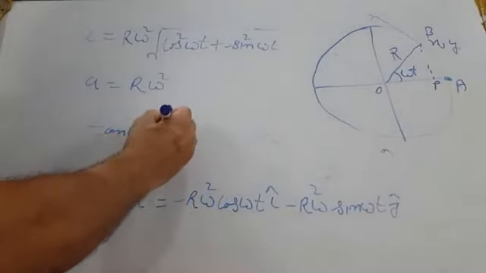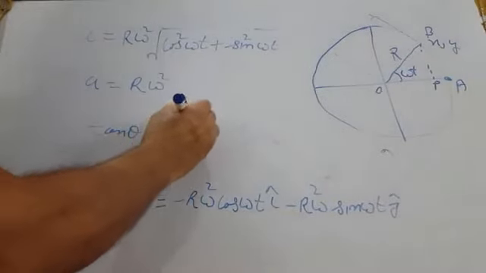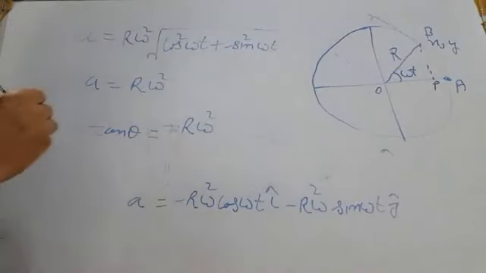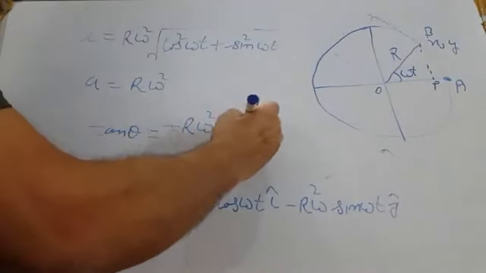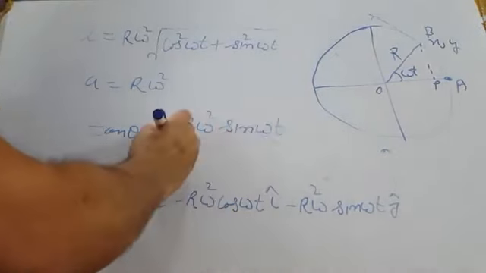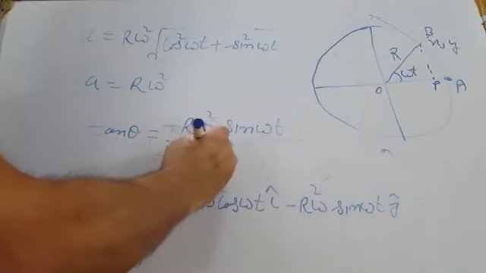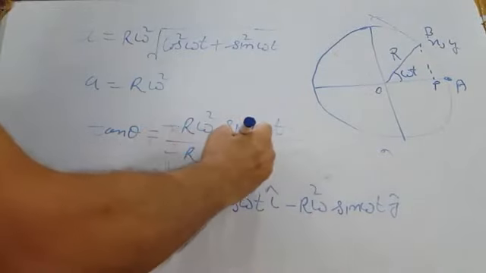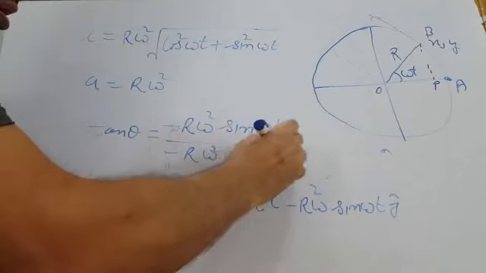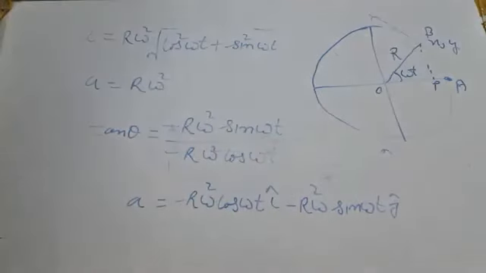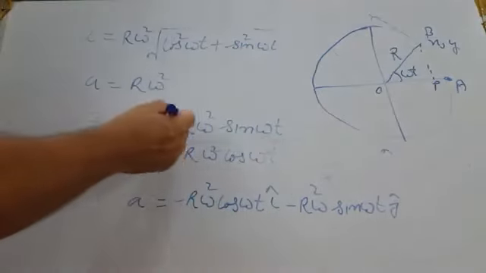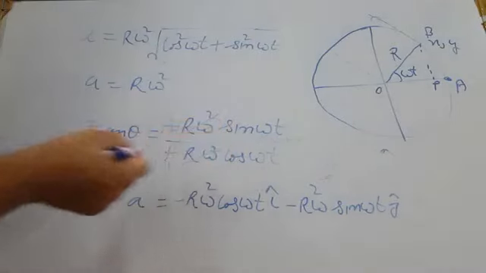So it is minus r omega square sin omega t upon minus r omega square cos omega t. This minus will be cancelled, r omega square will also be cancelled.